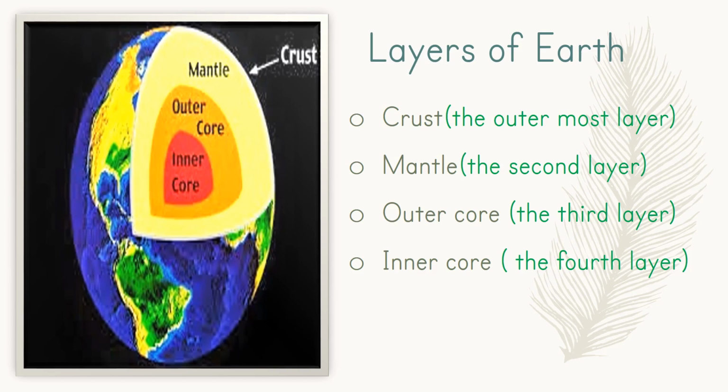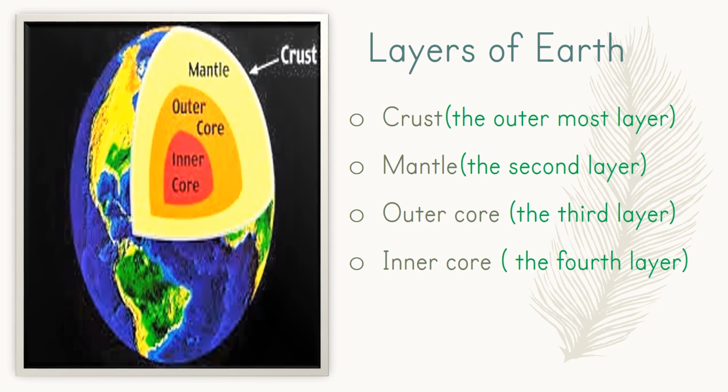The outermost layer is the crust. The crust is the layer of Earth you live on. It consists of continents and oceans. The crust of the Earth is broken into pieces called plates. The plates float on the soft mantle, which is the second layer.